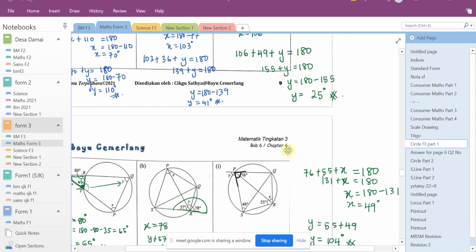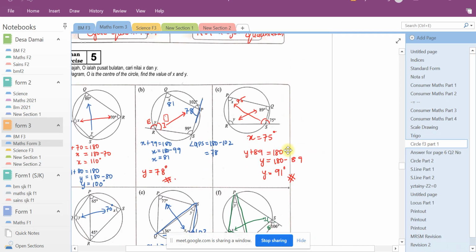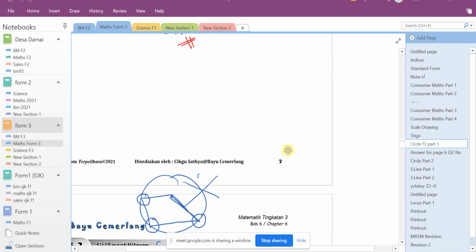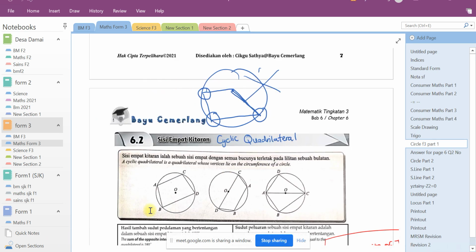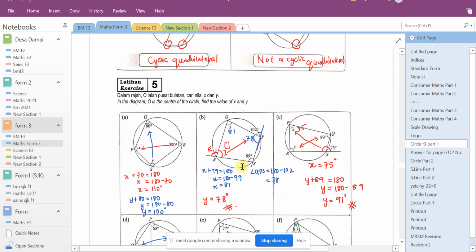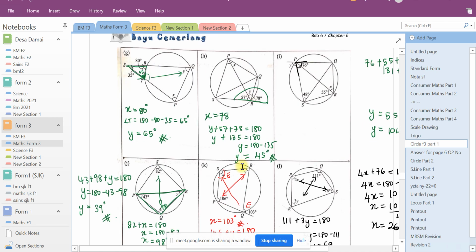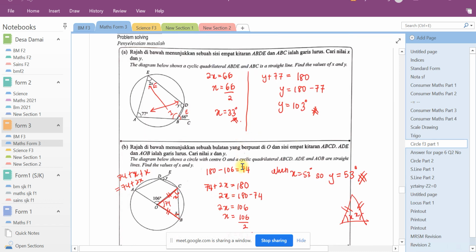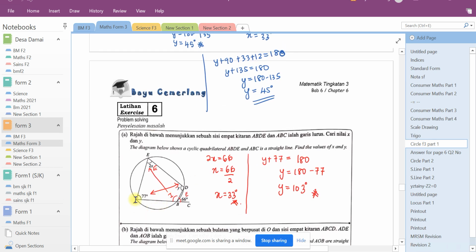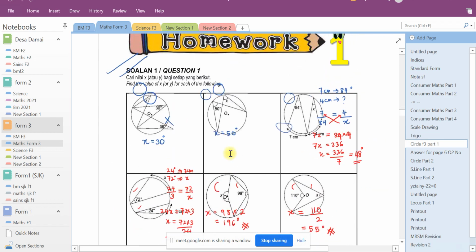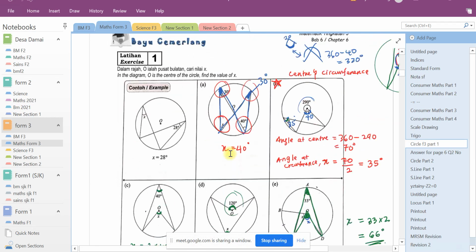See the properties first. The line has to extend in this way, then only it will be oppositely the same. But here they never mention anything about that.